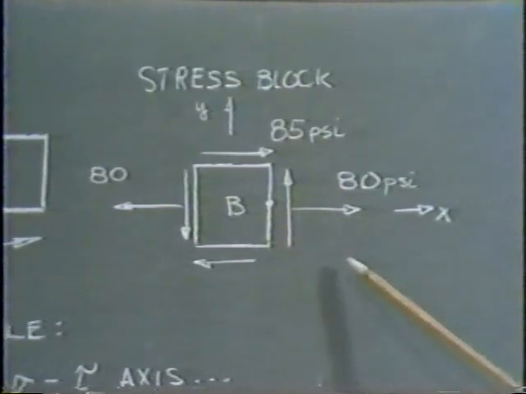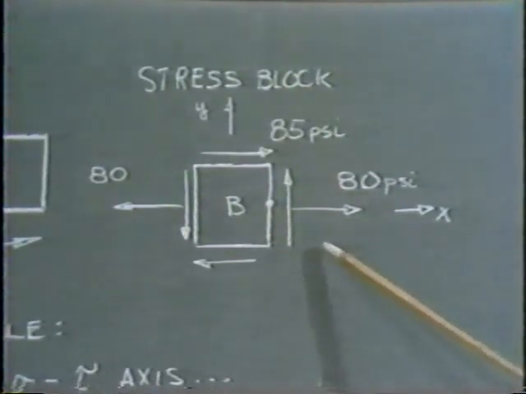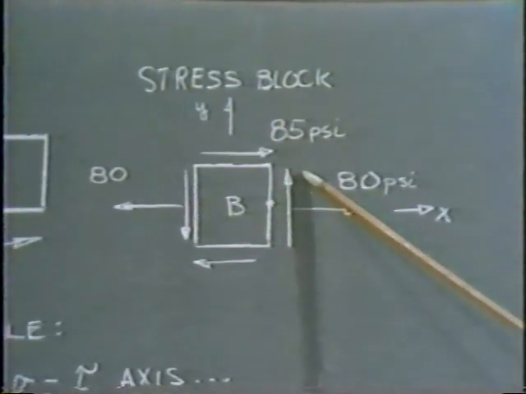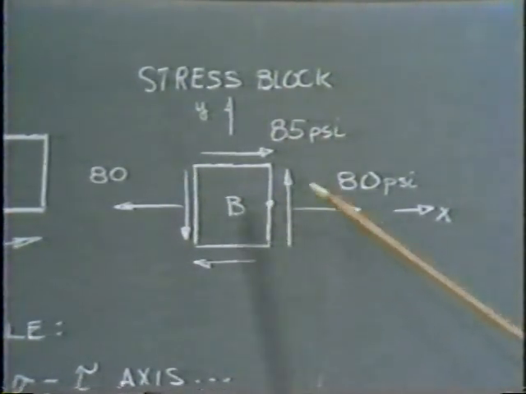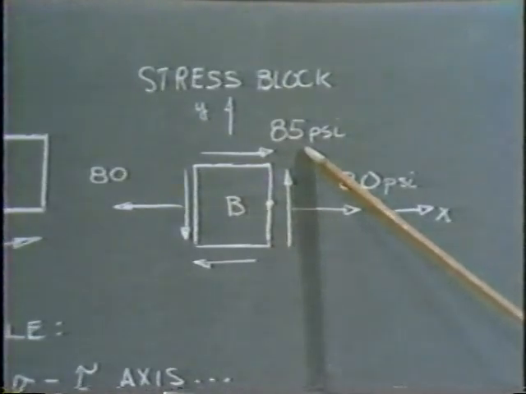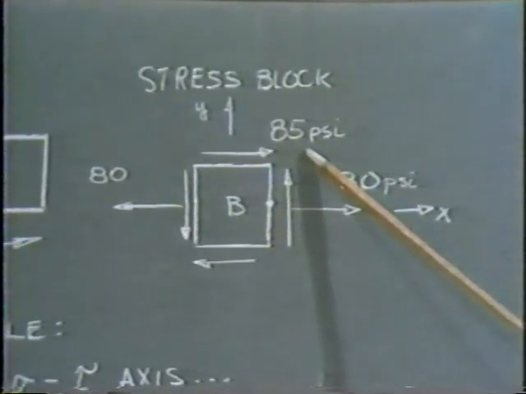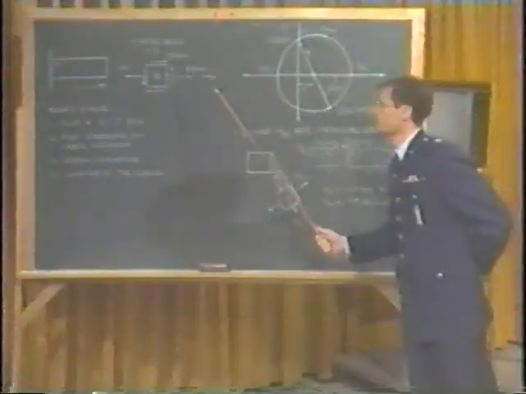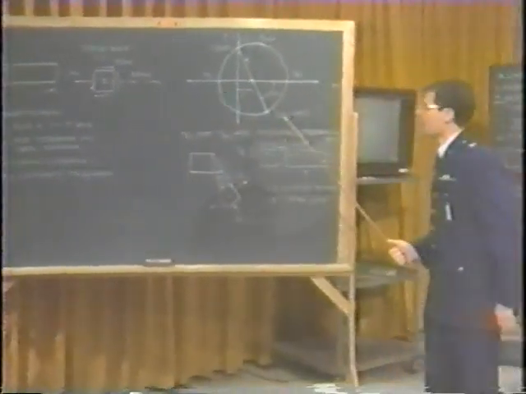Sign convention varies between textbooks, but the one I will use to continue through the example is I will consider this shear stress upward a negative value. So I'll plot the points 80 and minus 85 as a point on my sigma tau axis over here to the right. You see I've done so right here.